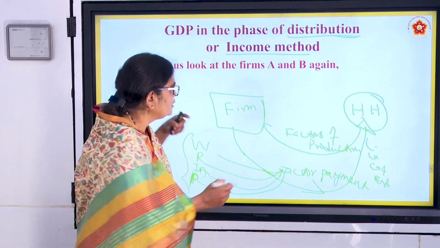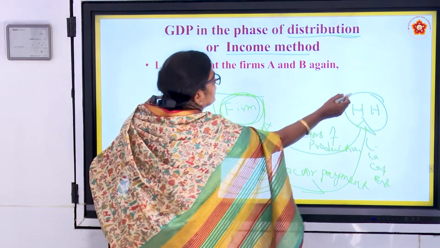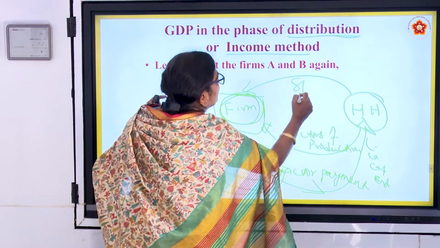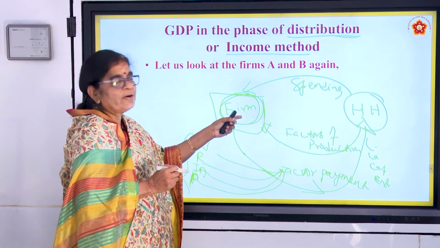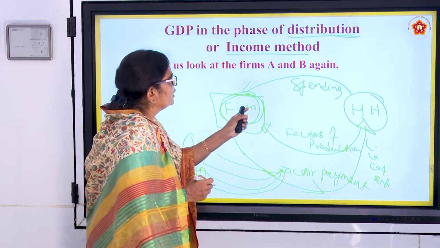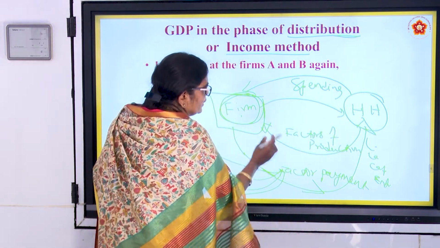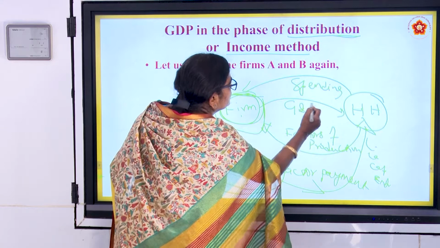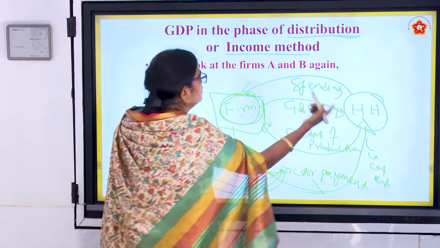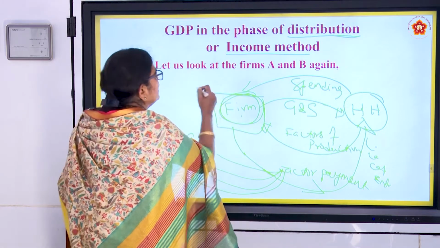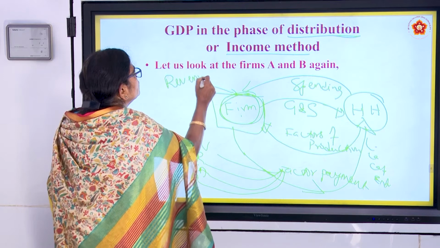whatever is earned by the firm from the household, what is the earning? Spending. Spending of the household is income for the firm. They utilize all the factors of production and produce goods and services. When they sell goods and services back, the household spends to the firm. The spending of the household is revenue to the firm.